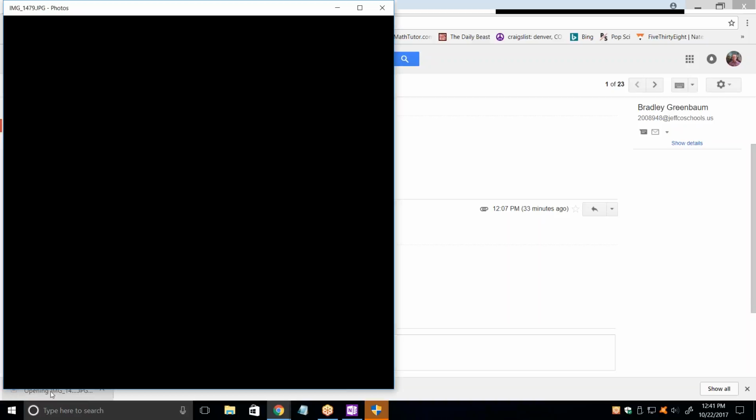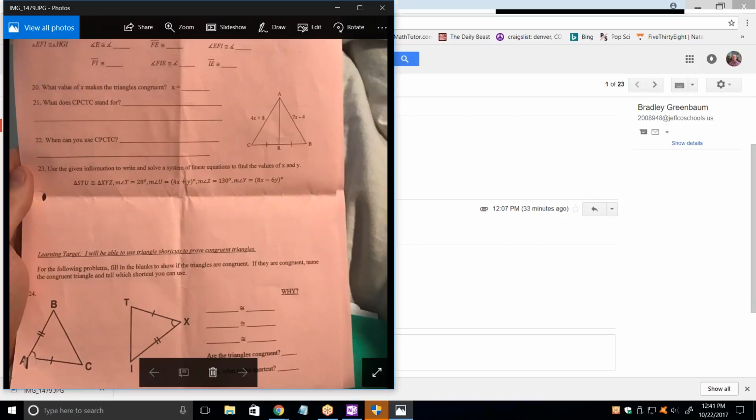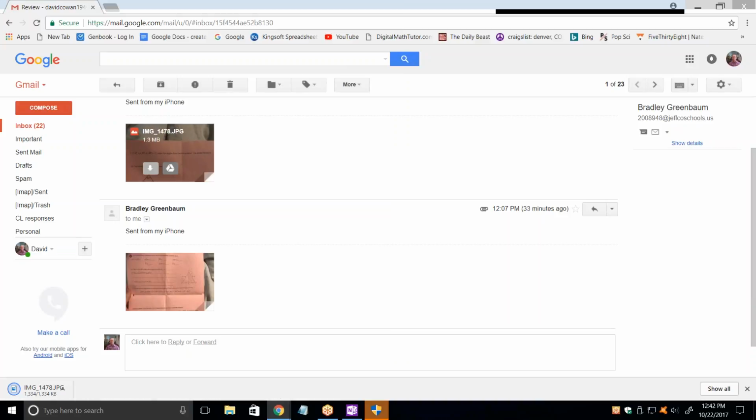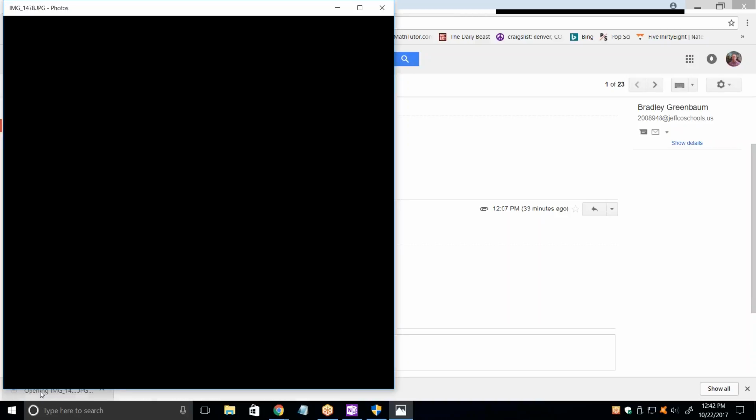Top one doesn't look like it has a lot on it, but oh, it must be the top of the page. Yeah, I think it's the other one. Here, I'll take a quick peek at it. Well, let me download it. Doesn't like opening it unless I download it first.